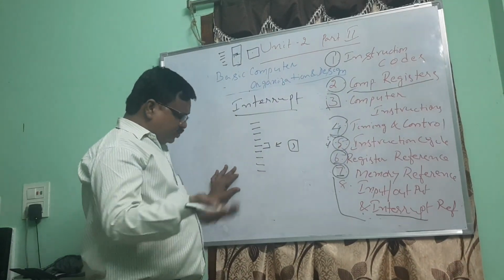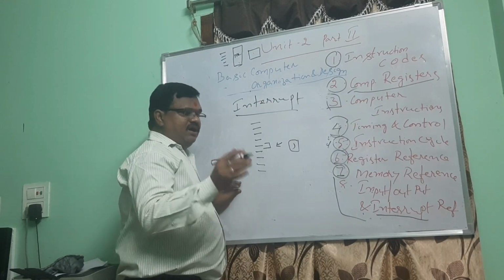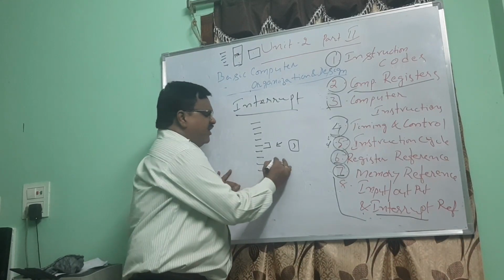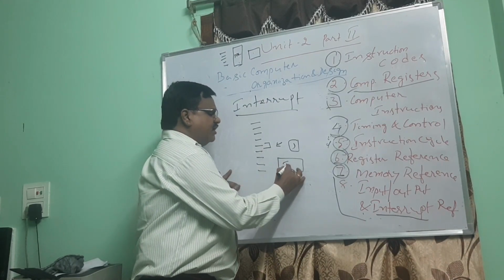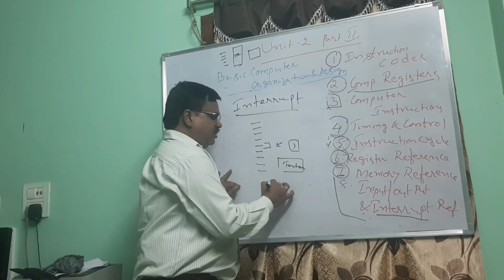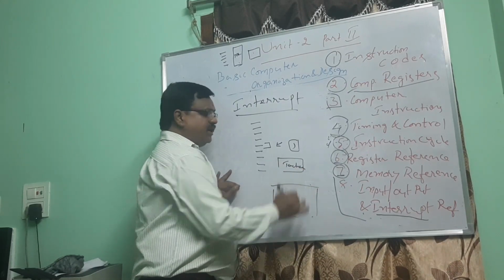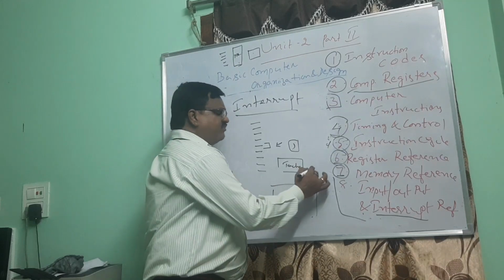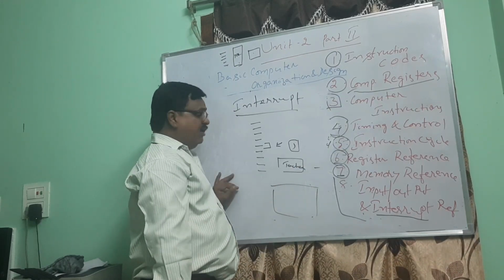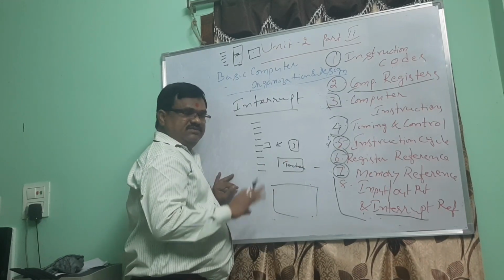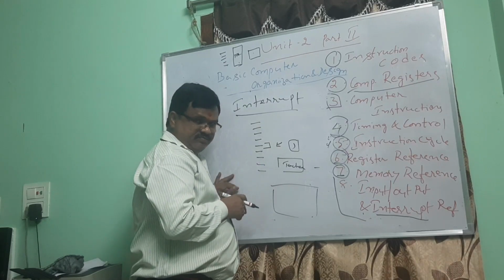To make it very clear, let us take a very normal example. When a teacher is going to take a class for you all, one of the attenders came and is just standing in front of the classroom.